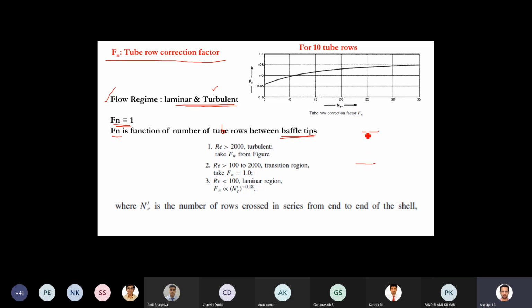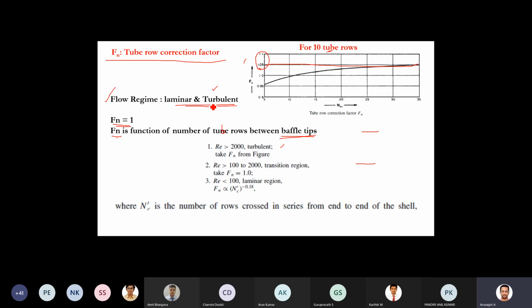So for turbulent conditions, you can calculate. If you see here, it's more than 1, correct? This Fn can be greater than 1, but if you see this, the maximum value is 1.05. So this is the chart for 10 tube rows. As I said, this Fn value varies with the number of tube rows between baffle tips. So this is for 10 tube rows. So we have to refer to the nomograms for 20 tube rows, 30 tube rows, based on that.